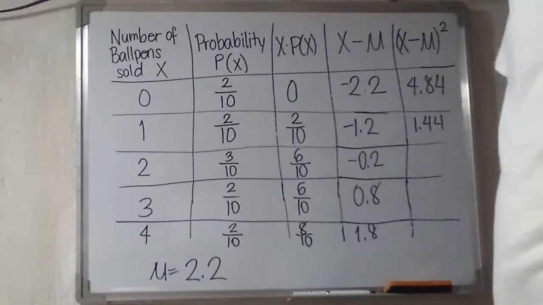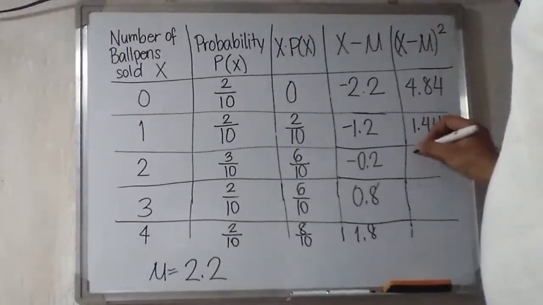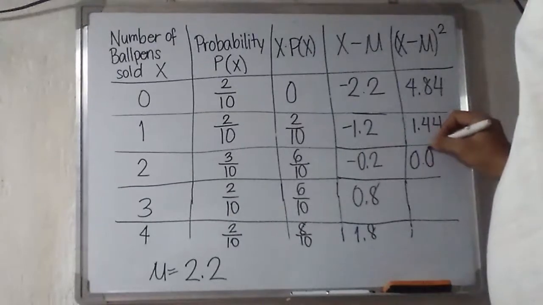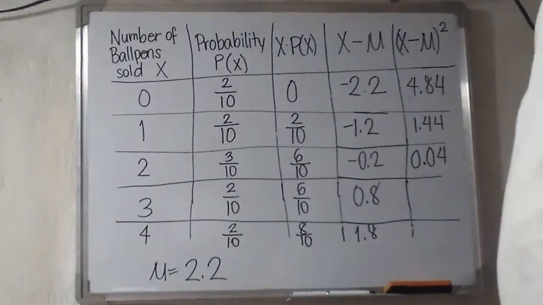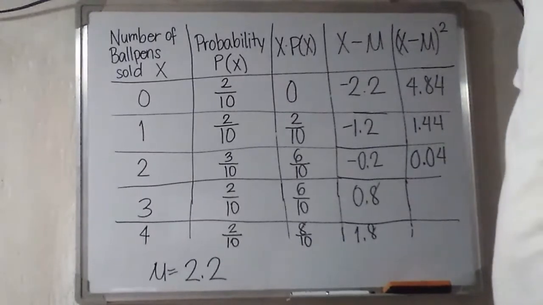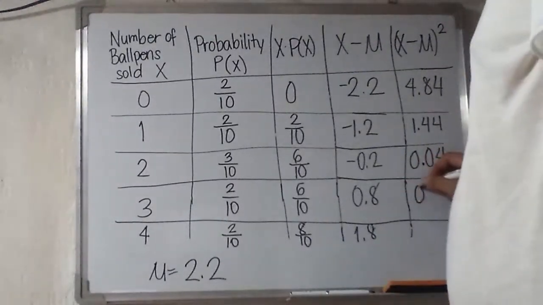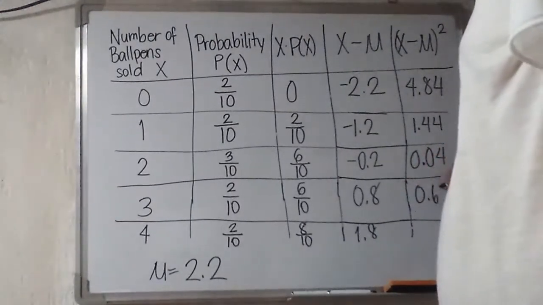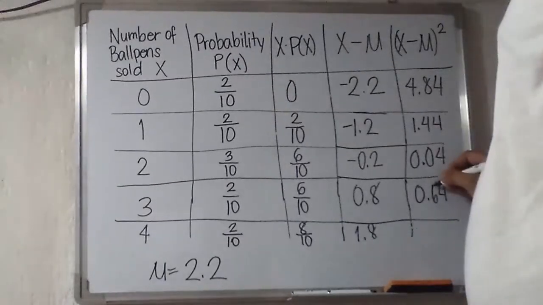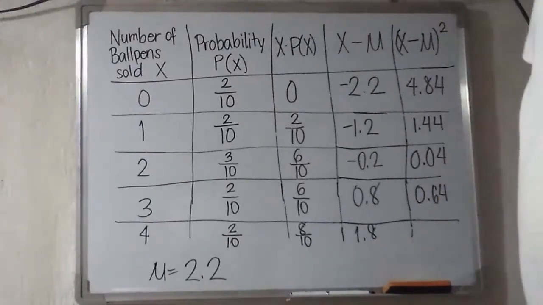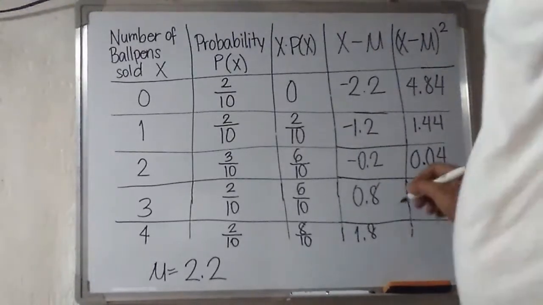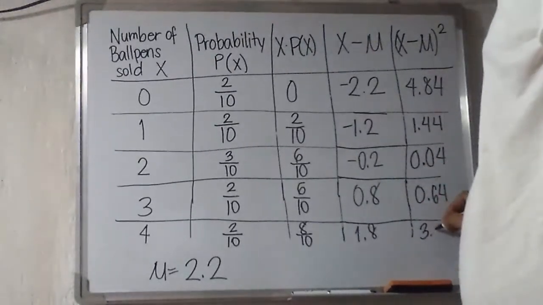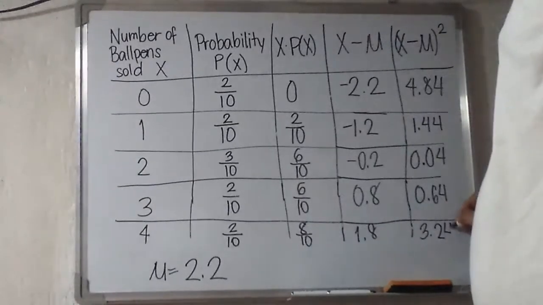Negative 0.2 squared, that is 0.04. 0.8 squared, that is 0.64. 1.8 squared is 3.24.